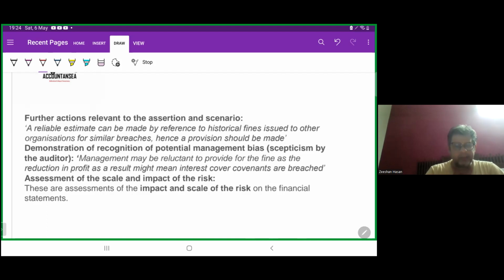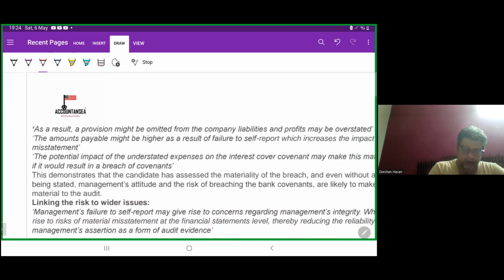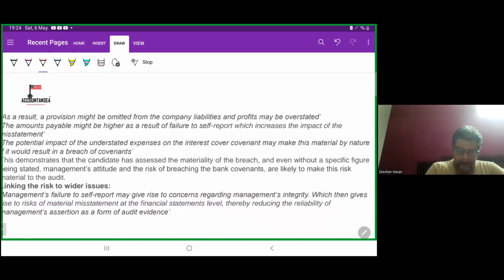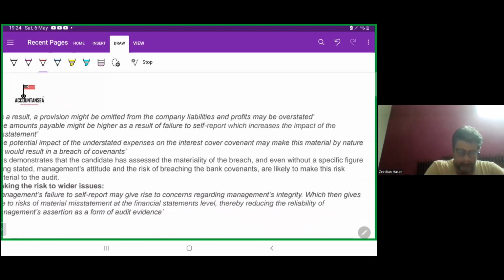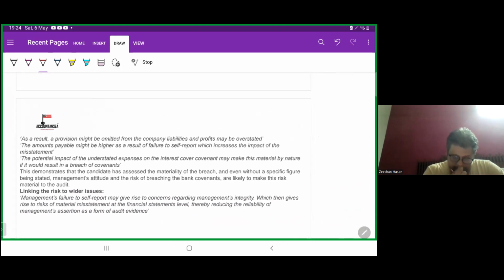There are assessments of the impact and scale of the risk on the financial statements. As a result, a provision might be omitted from the company's liabilities and profits may be overstated. Okay, the amounts payable might be higher as a result of failure to self-report, which increases the impact of the misstatement. The potential impact of the understated expenses on the interest cover may make this material by nature.